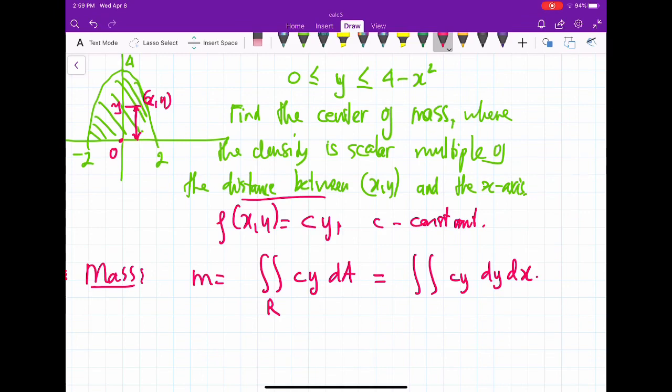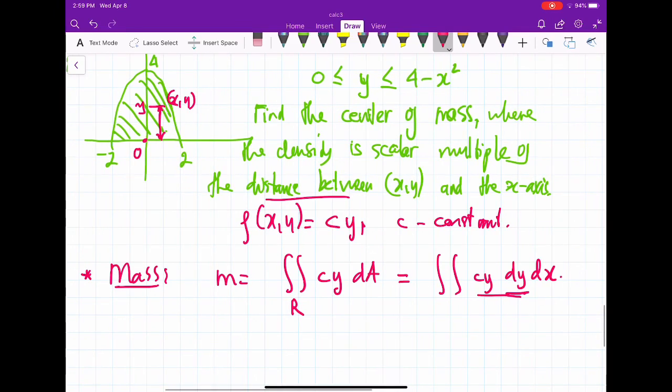So if we integrate with respect to the y first and then the x, I need to fix x. Make sense? So when I fix x, I make a vertical line right here, and I can find the interval where the y changes, right? For each x. So basically, y will go from 0 to 4 minus x squared.